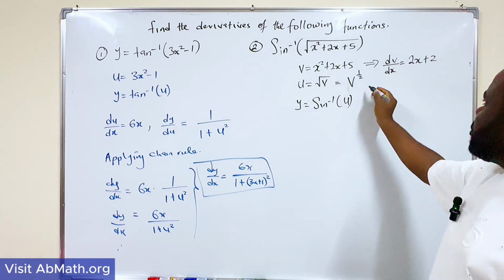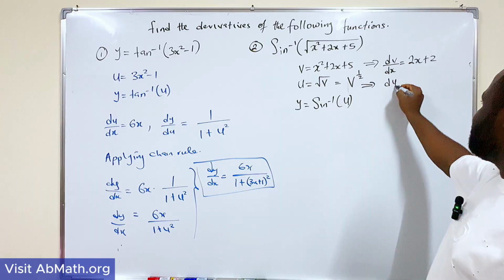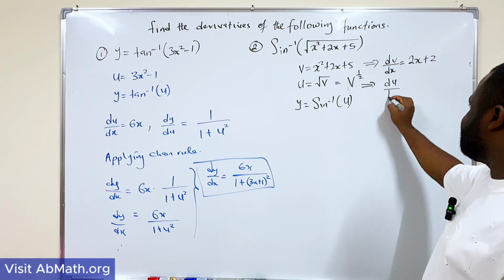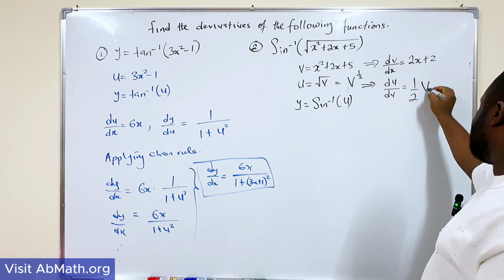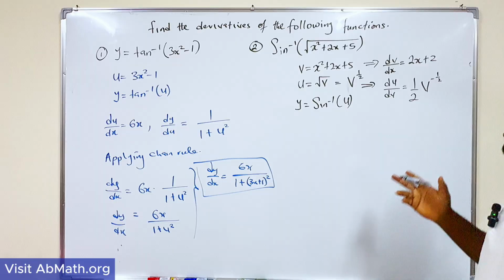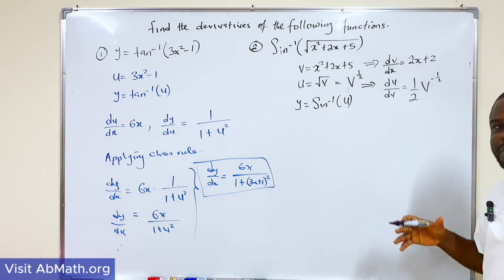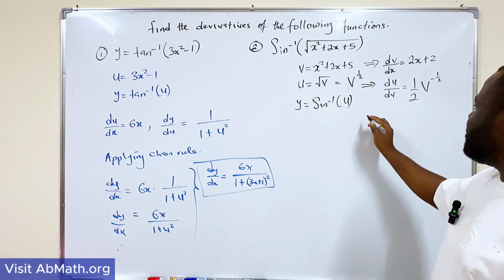Let's also find du dv. We are differentiating square root of v, which will be half multiplied by v to the power negative half. If you don't know how to do this, please go and watch my video. I explained extensively how to find the derivative of all these.